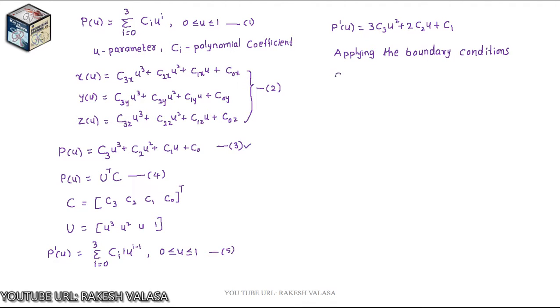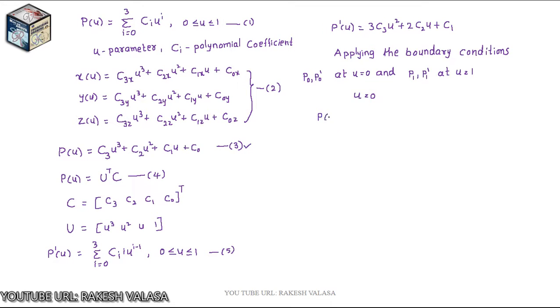That is, at u equal to 0 for p naught, p naught dash, and you can also calculate p1, p1 dash at u equal to 1. Now I'm taking the initial boundary condition, that is u equal to 0.